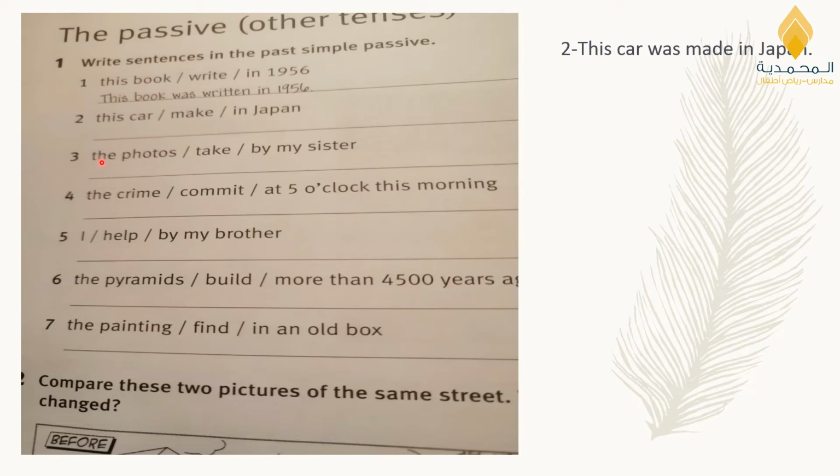3. The photos were taken by my sister. We used were because we have photos, which is plural, and verb 3 from take is taken. 4.